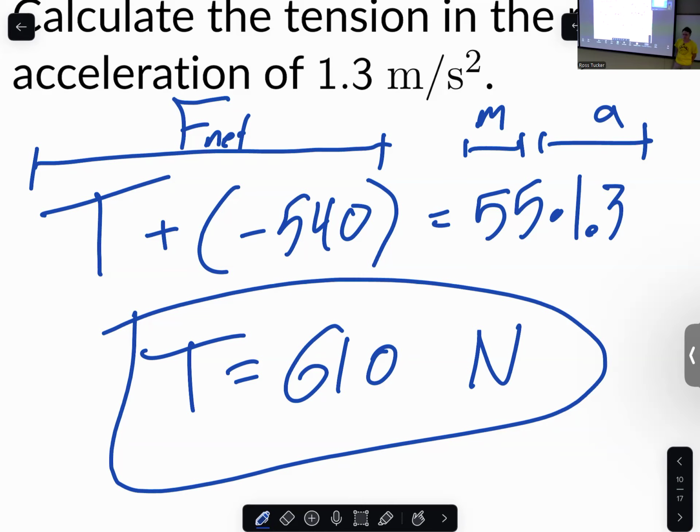Yeah, math, right. So kilograms times acceleration is newtons. Oh, that's what I'm... And then, okay, questions here.